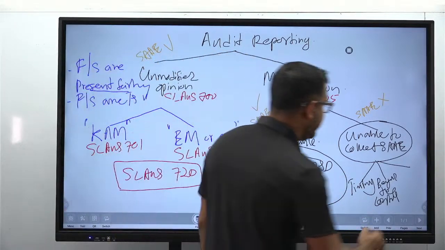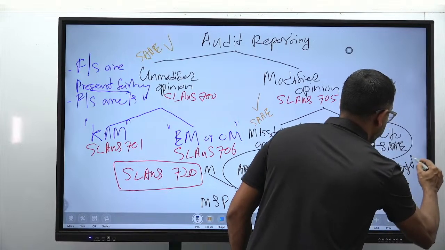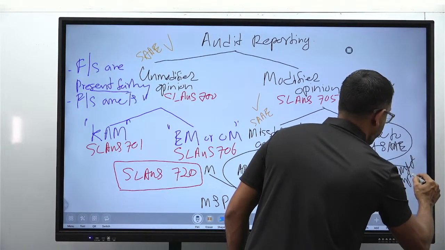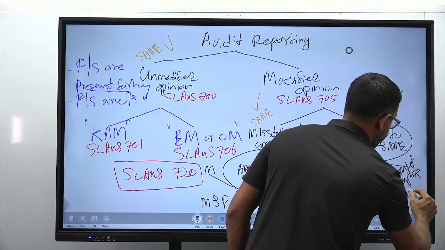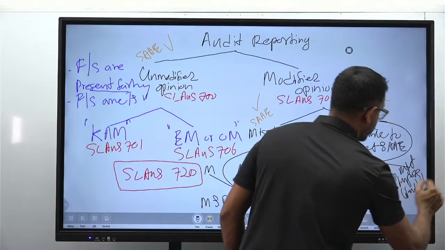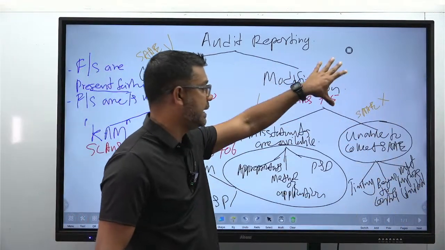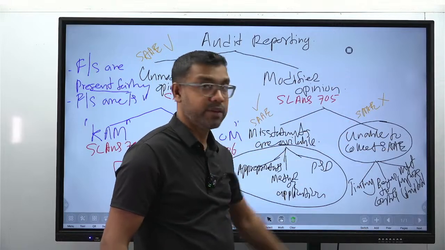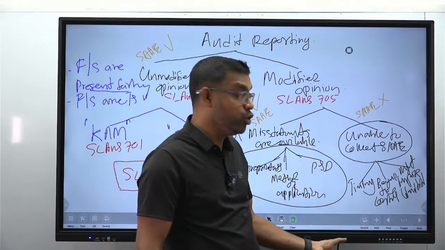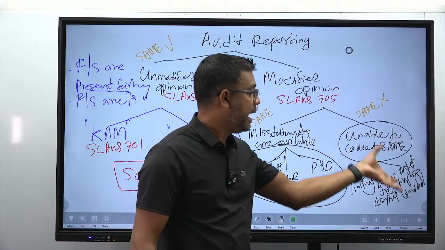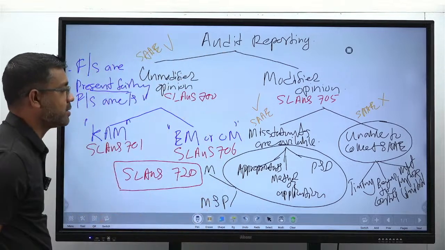And the third one, management imposed limitation. Right? Management enforced limitation. Because of these three reasons, again, you might not be able to collect sufficient appropriate audit evidence: timing issue, beyond the control of the entity, and management enforced limitation.